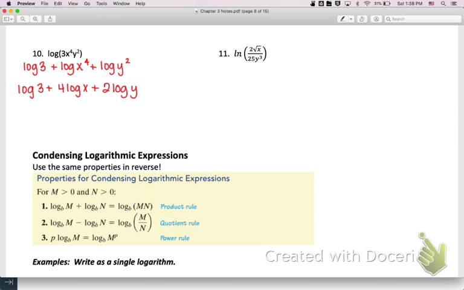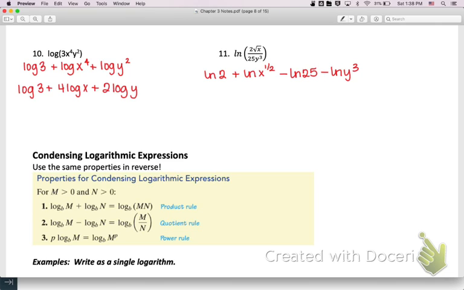So I know that the top is going to come from natural log of 2 plus the natural log of x to the 1/2. You might go ahead and move the 1/2 now. That's fine. In the bottom, everything that comes out of there is going to be negative because we're dividing. So this is going to be minus the natural log of 25 minus the natural log of y cubed.